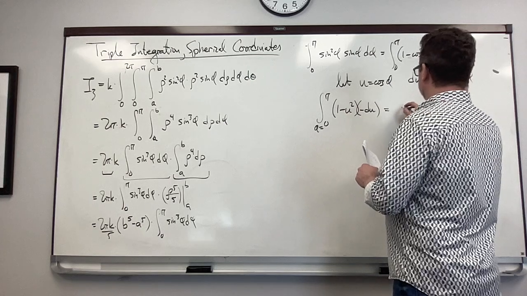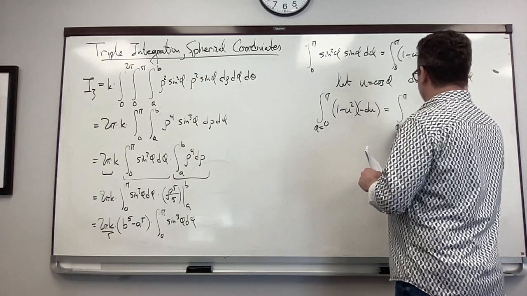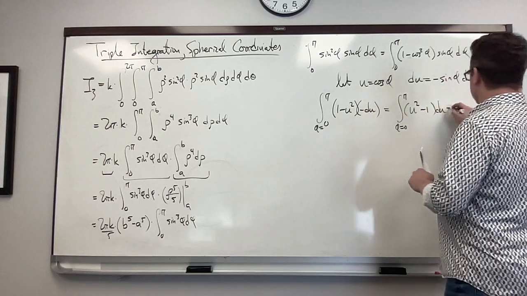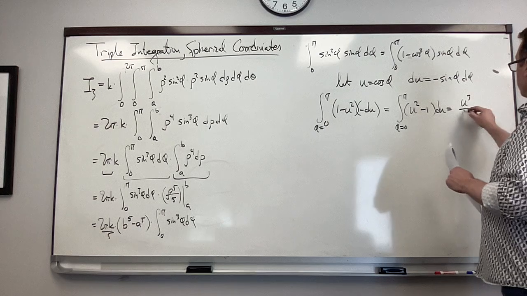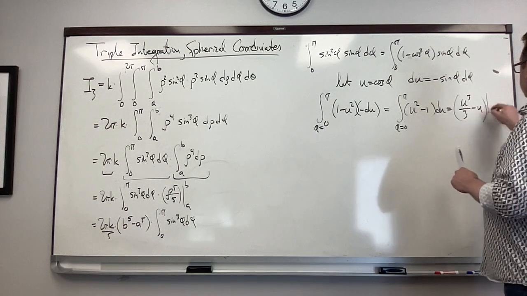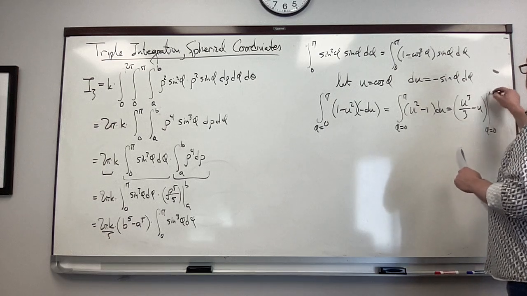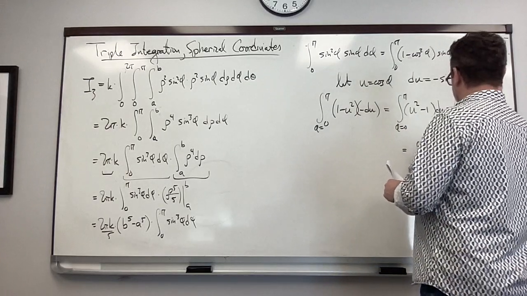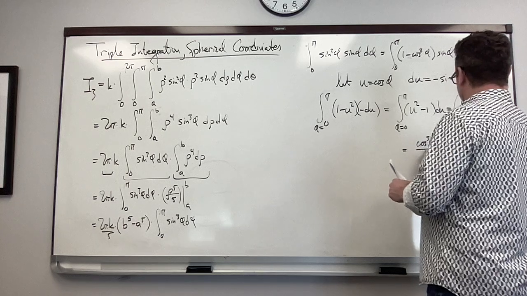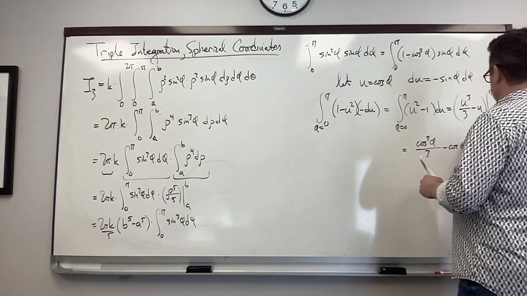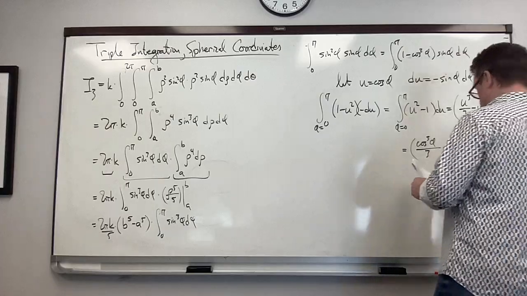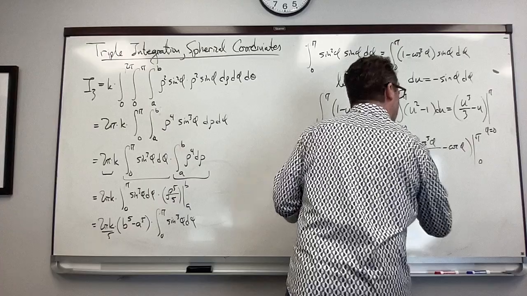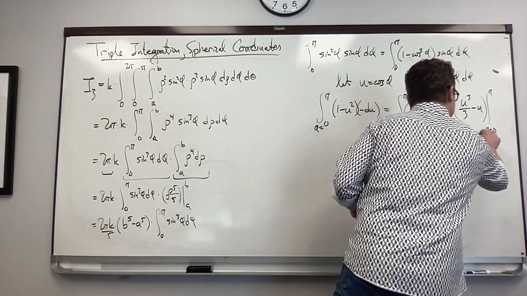Let's just do this really slow. We have u squared minus 1, which becomes u cubed over 3 minus u, with phi from 0 to pi. So that becomes cos cubed phi over 3 minus cos phi, from 0 to pi.